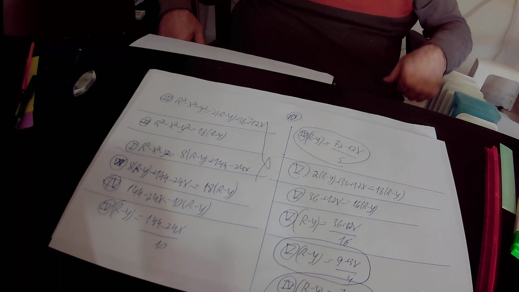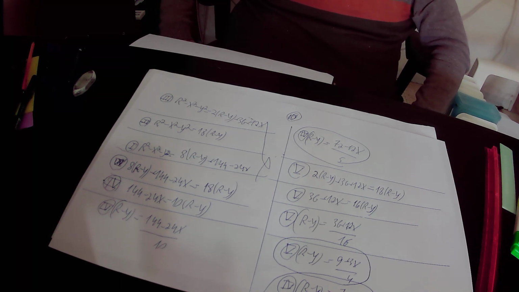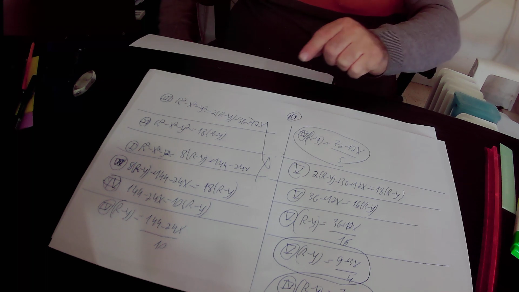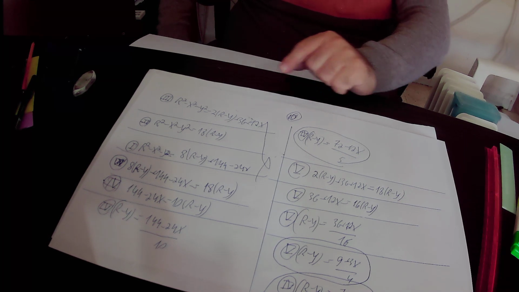Then we created equation number 5 that states that R squared minus x squared minus y squared according to equation number 2 must be equal to R squared minus x squared minus y squared according to equation number 3.